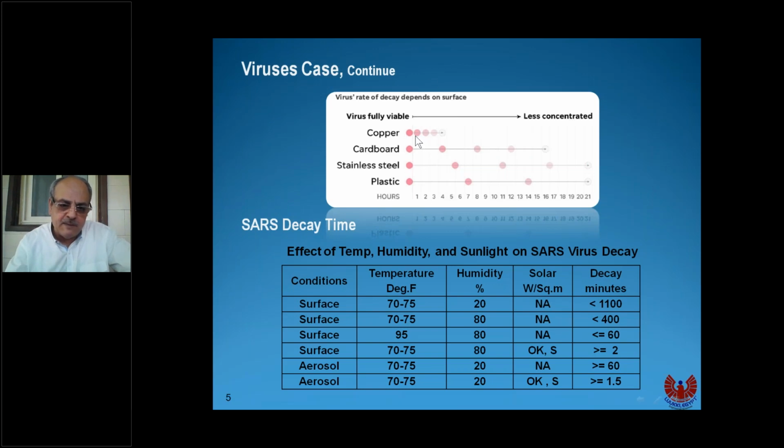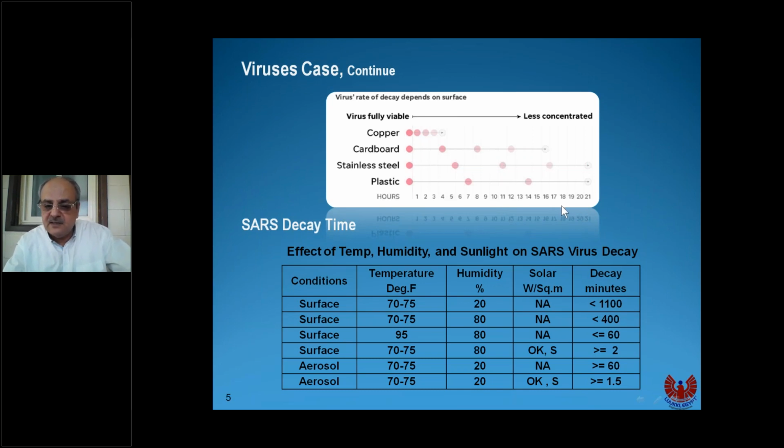So if you have, for example, 5,000 viruses here, now here there will be 2,000, but they still exist. For copper surfaces, the viruses can stay 4 hours. For cardboard, it can reach 16 hours. For stainless steel, it can reach 21 hours.